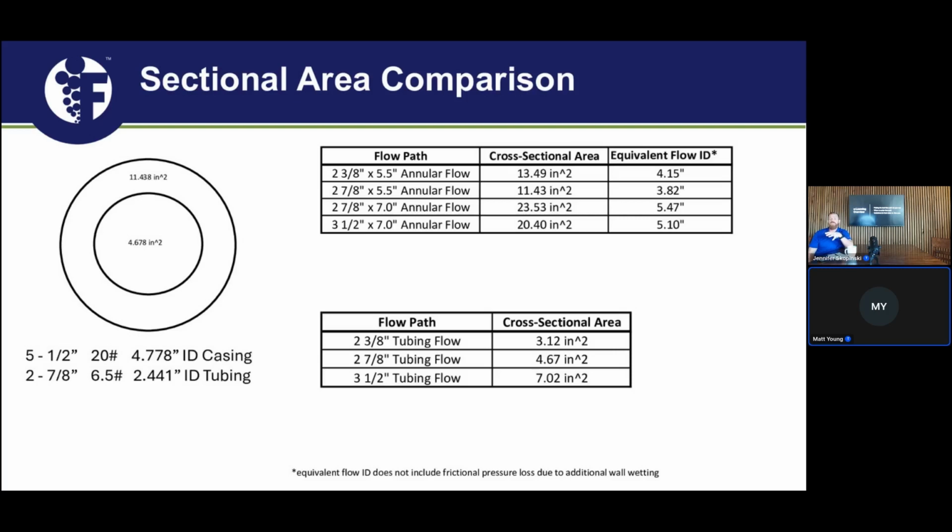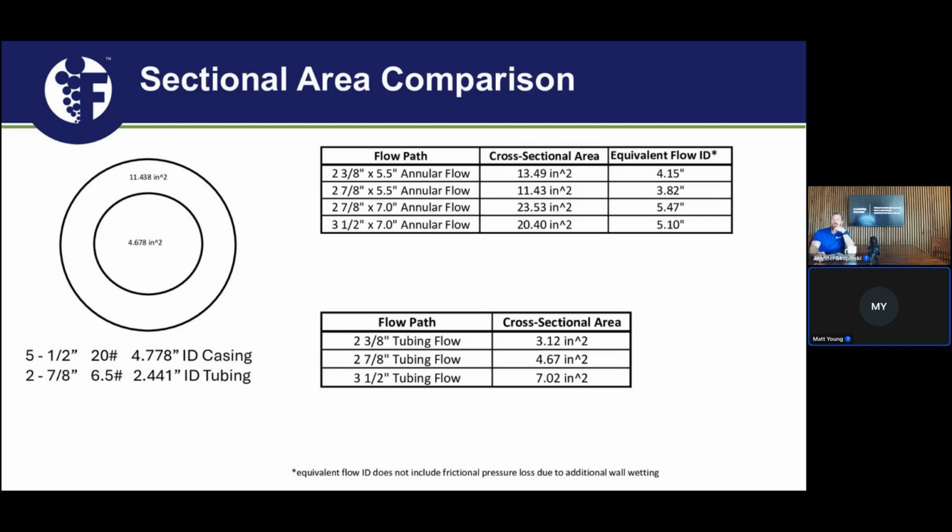And the main reason for that is the pipe inside pipe flow path. If we look at our little donut over here on the left, we have casing on the outside circle, production tubing on the inside circle. And so if we flow up this donut area, one of the things that you'll notice is we're increasing the surface area that we're wetting with flow.